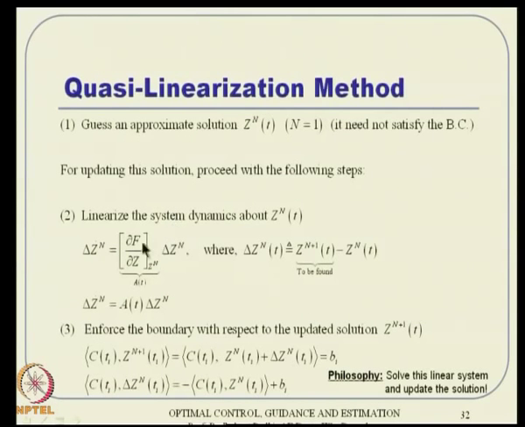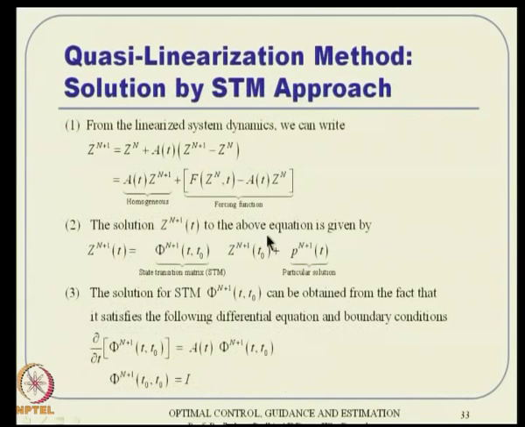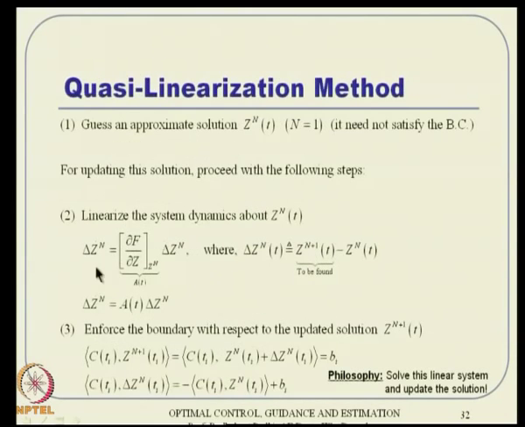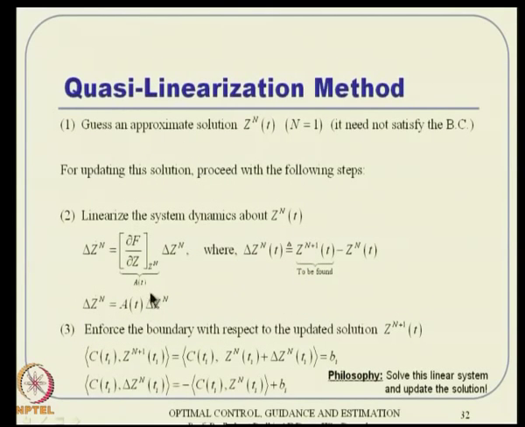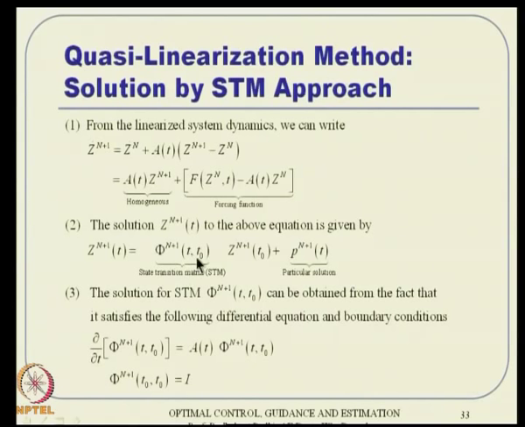So, what is that? From this differential equation, delta z n dot equal to this, we will be able to write it this way: delta z n dot is nothing but z n plus 1 dot minus z n dot. So, z n plus 1 dot is nothing but z n dot plus this equation, this a t times delta z n, which is this one by definition. So, I will substitute these two and I will write it that way.